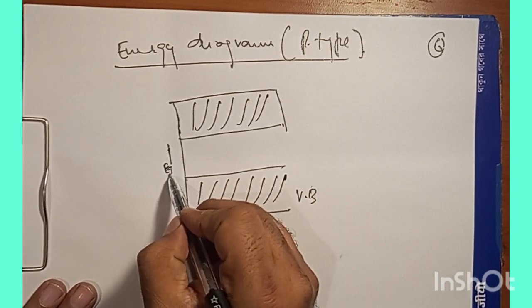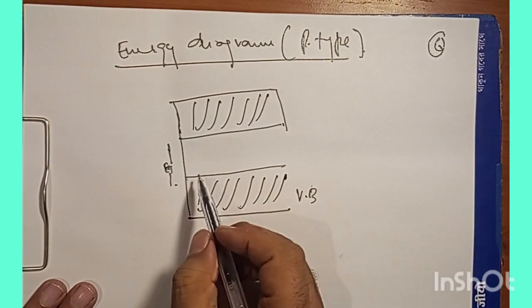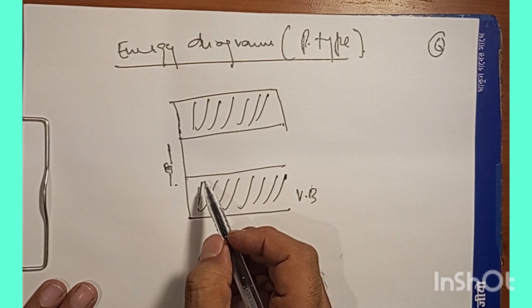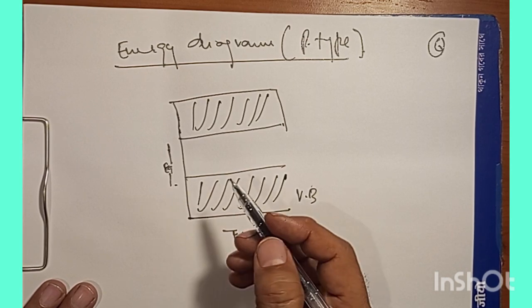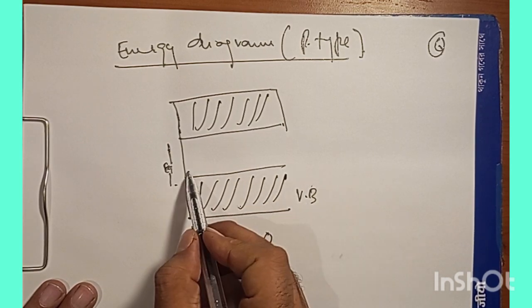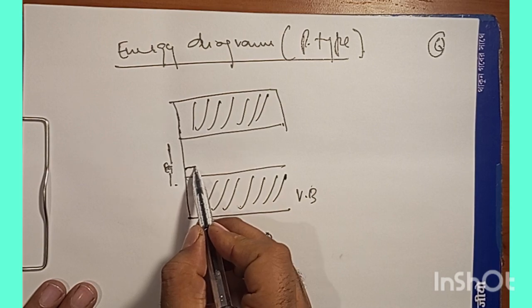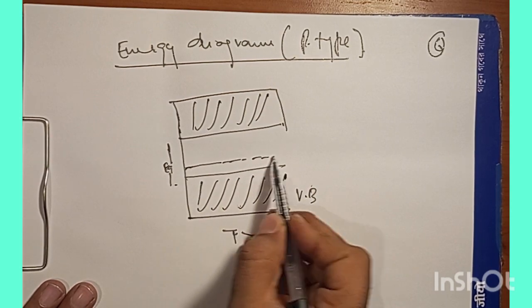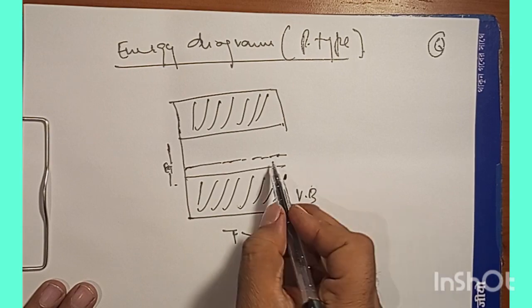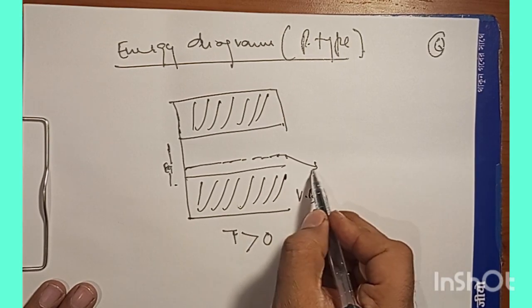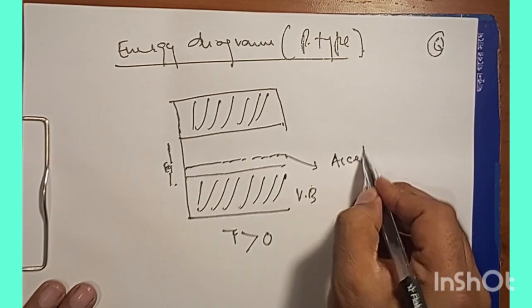gap. Now we have added the impurity, and this impurity generates an energy level, and that energy level is close to the valence band, and that energy level is called the acceptor level.